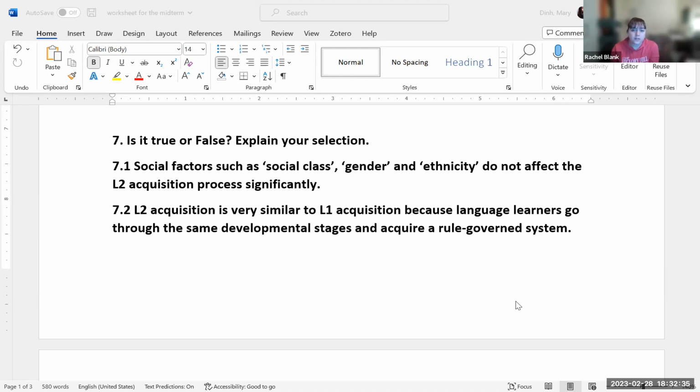I think it's false. Because actually in some of the other classes that I've had, as well as my student teaching experience, we learned about a specific category of L2 English learner. It's called SIFE, S-I-F-E. It's the student with interrupted formal education.